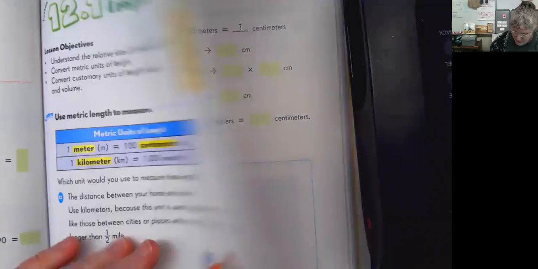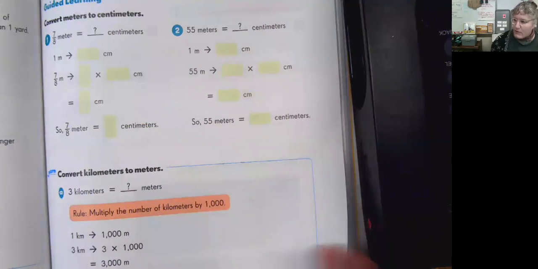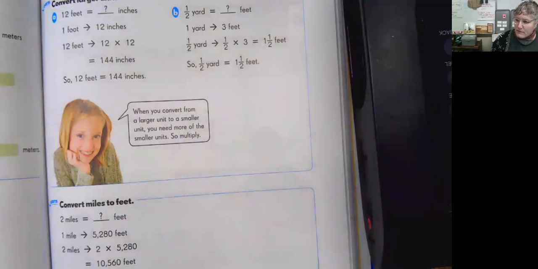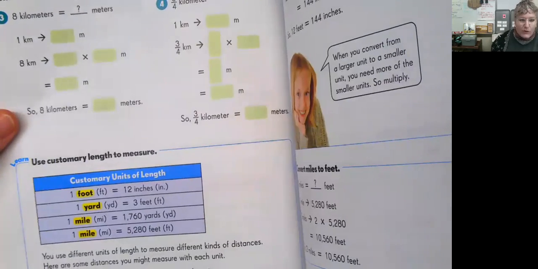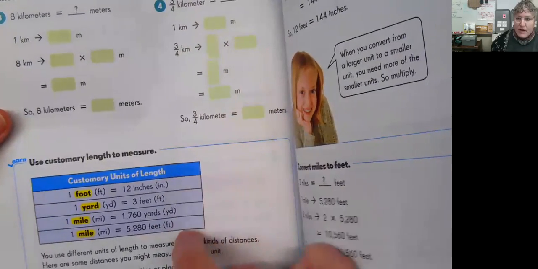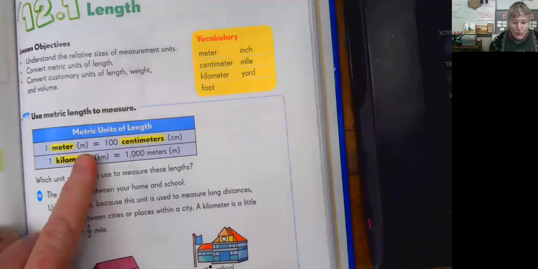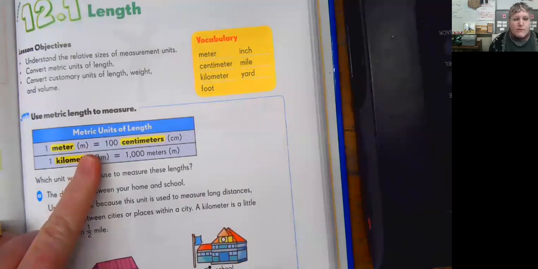All of the problems that we're going to do on 157 all the way to 159, we're going to use the blue box. The problems that we do on 160 all the way to 163, we're going to use the blue box. Okay. So the blue boxes are really important. Don't just ignore them.